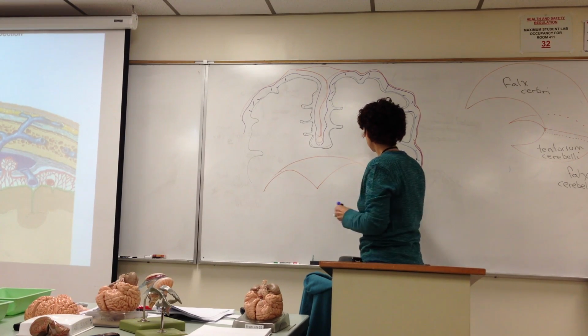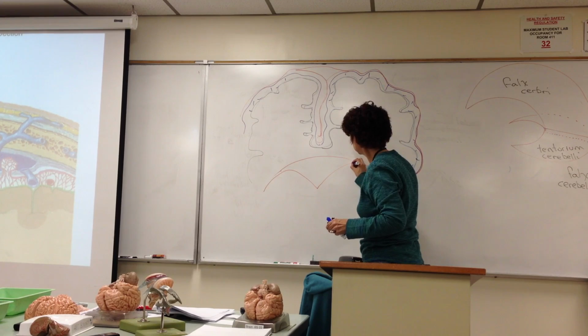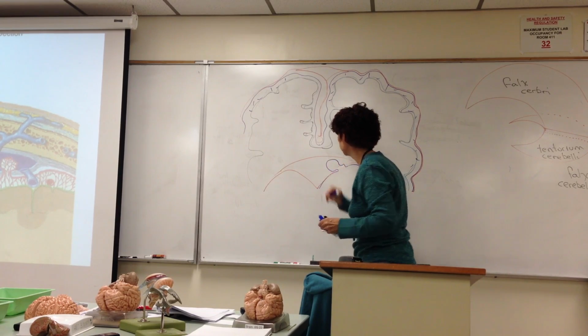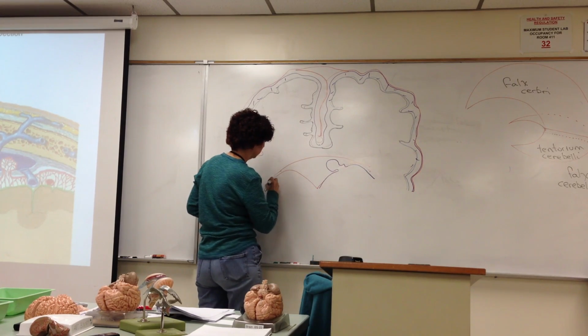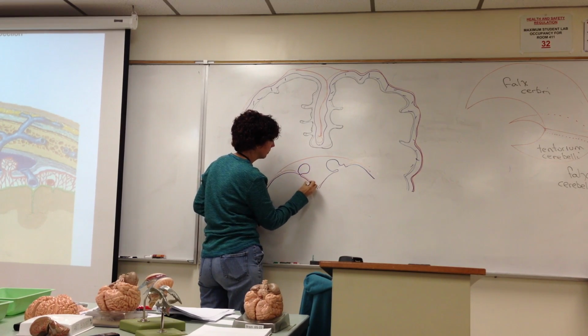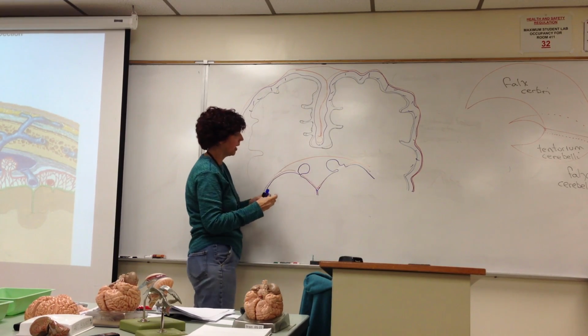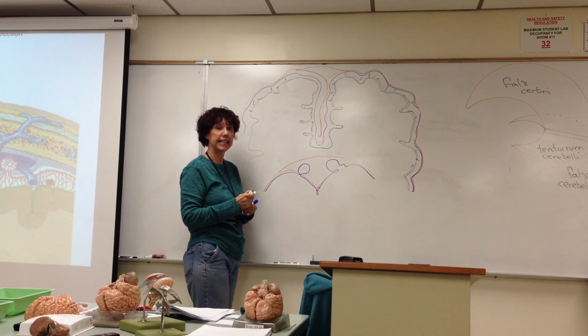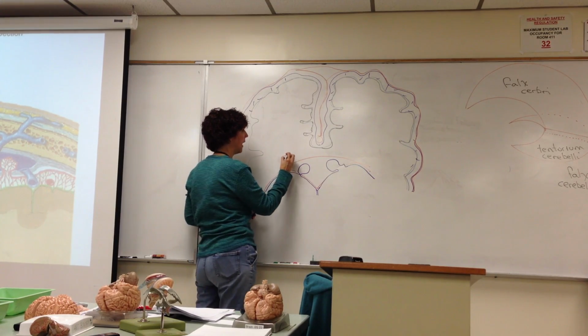Here is the arachnoid mater. And the arachnoid mater along the sinus bulges into it. And where it bulges into it, it is known as an arachnoid villus or an arachnoid granulation.